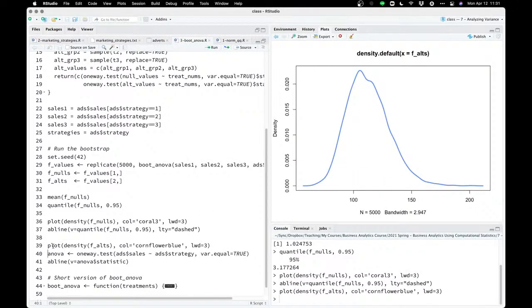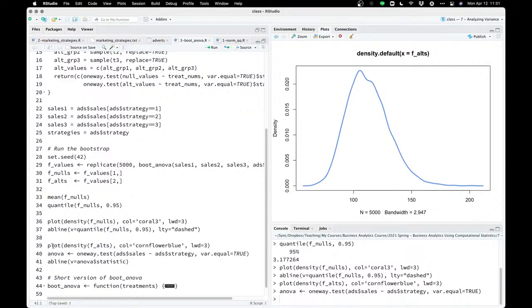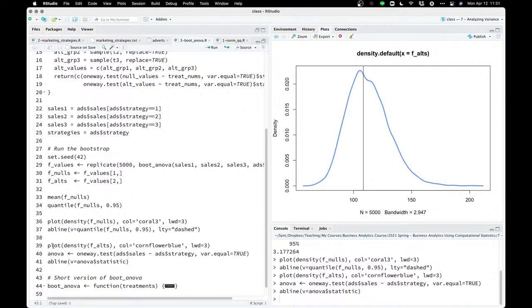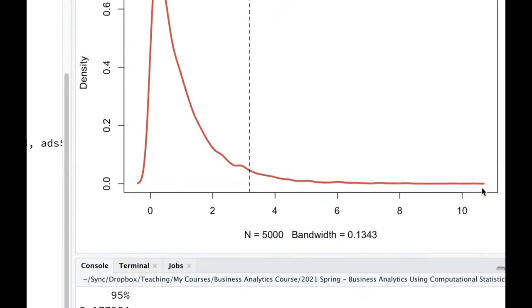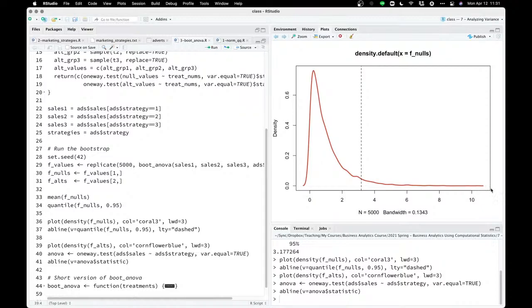Here are my alternative distributions of F. I cannot plot them together because one is so short and wide, and the other is super narrow. Looking at this plot, it only goes to 10. My actual F value is 100 and something, so I can't plot them together.